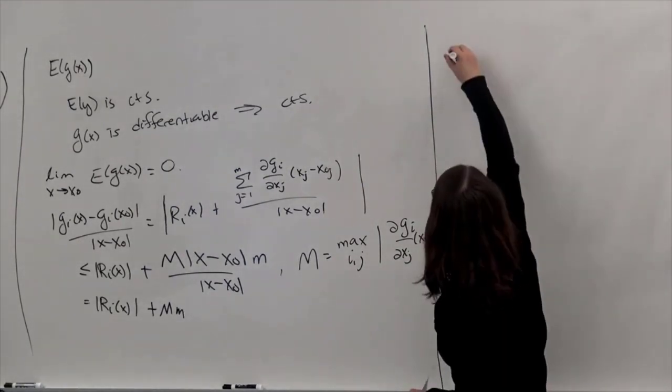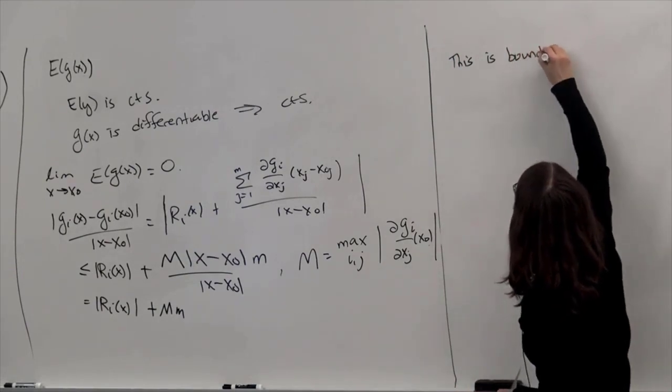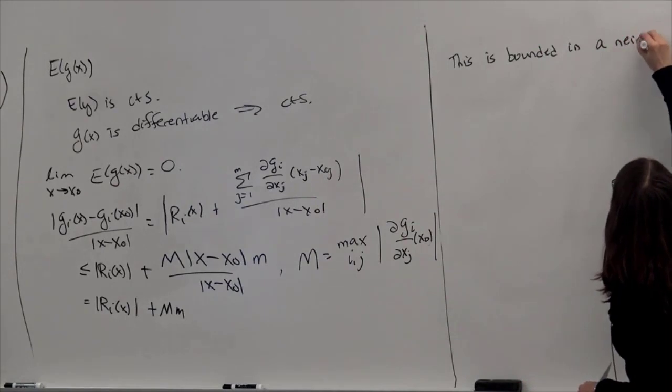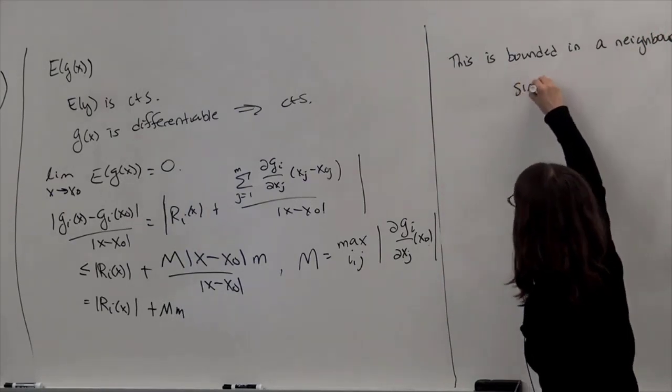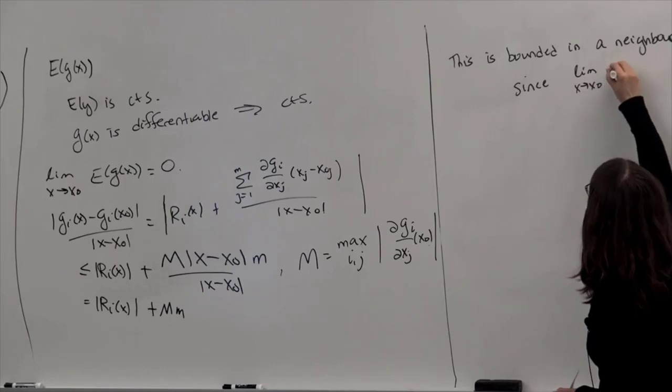So we can certainly say that this is bounded in a neighborhood of x naught, since we know that this Ri goes to 0.